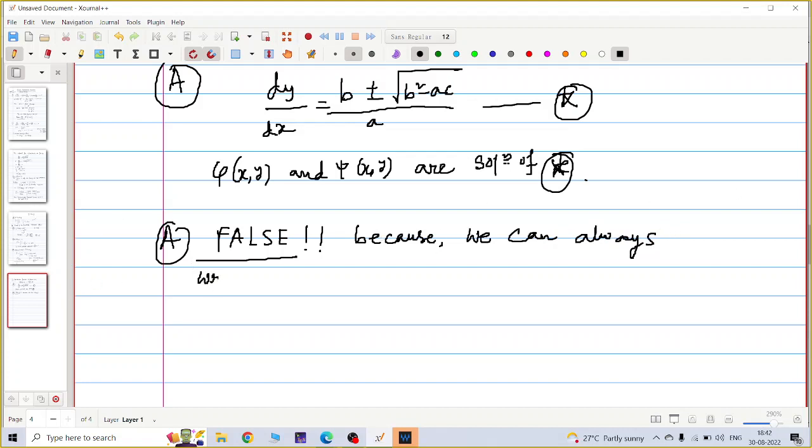Let me first finish this slide. I will always need to families of curves that are characteristic.